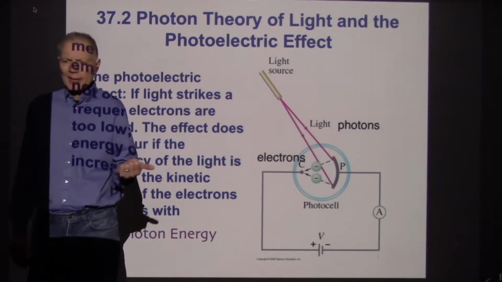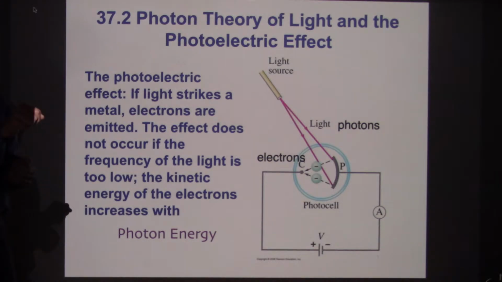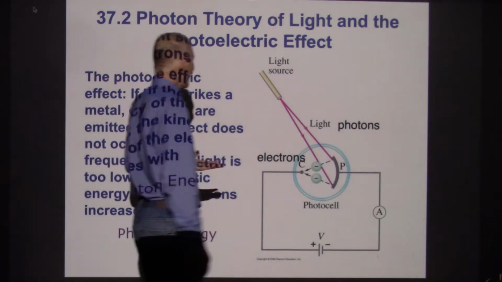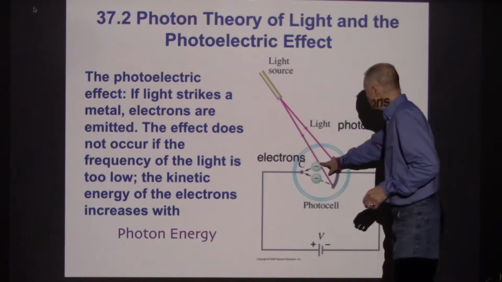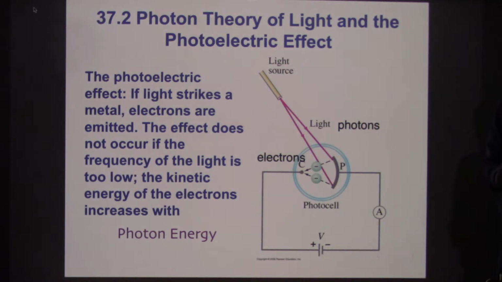Well, now that we understand light's made out of photons, what we're going to need is an individual photon coming in that has enough energy to be absorbed by one electron. So one photon gets absorbed by one electron. Each electron in there is going to have some kind of a binding energy.